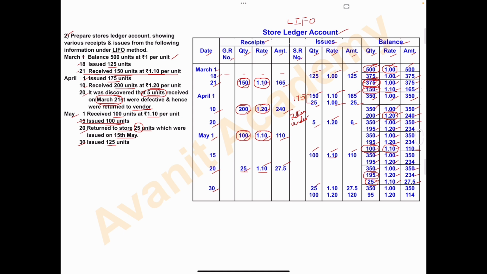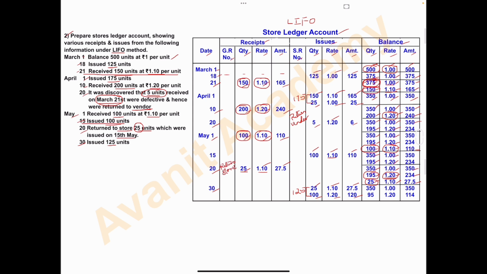Right here, first 25, rate per unit is 1.10 and the amount will be 27.50. Remaining 100 will be taken from this 195. 100, rate per unit is 1.20 and the amount is 120. So total we have issued 125 units right here.